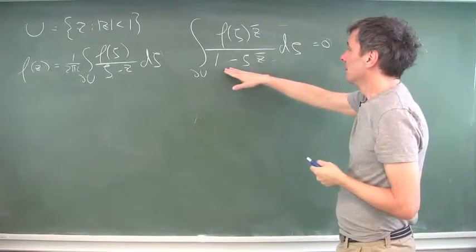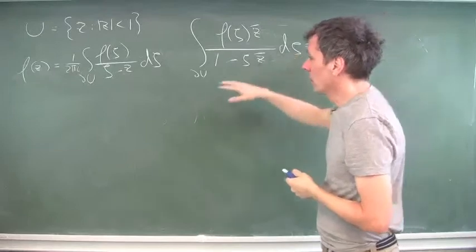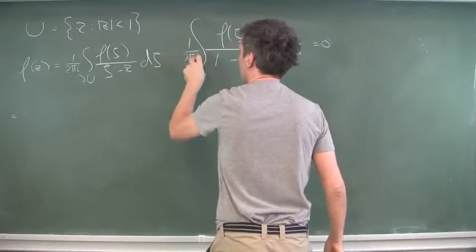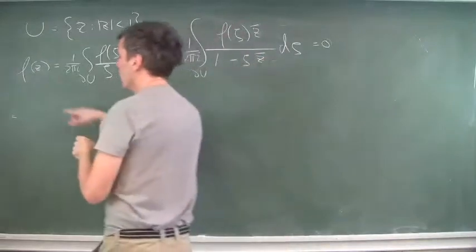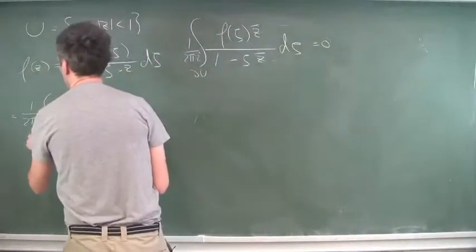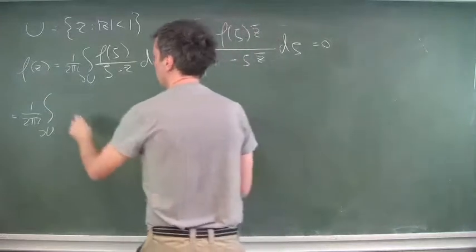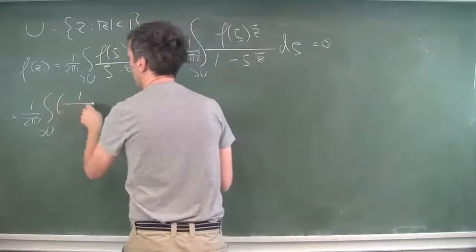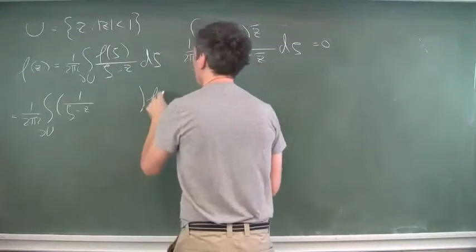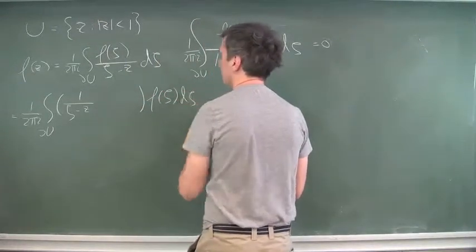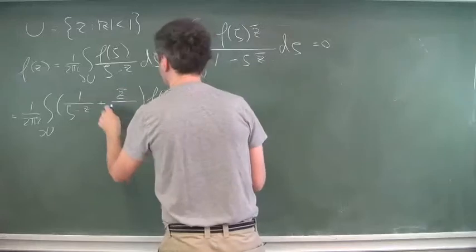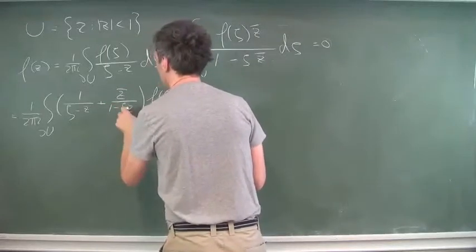Okay, so once we know that this integral is equal to 0, we can simply multiply by 1 over 2 pi i, and add this integral to what we have here, and still get a formula for f, which will then be the integral over the boundary, where from here we get the factor 1 over zeta minus z, times f of zeta d zeta, and from here we'll get plus zeta z conjugate divided by 1 minus zeta times z conjugate.